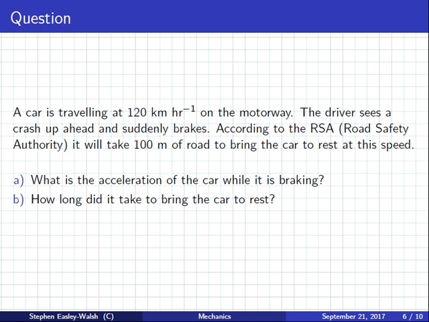Finished? Nobody's finished yet, I don't think.